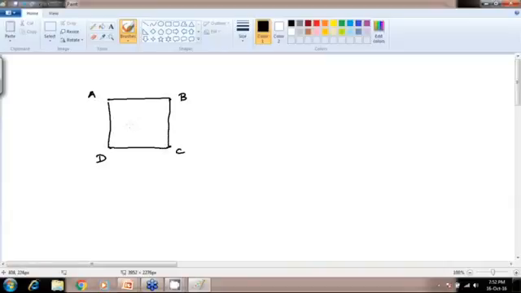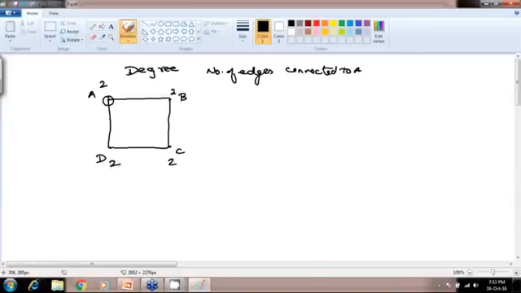So there are four vertices or four nodes A, B, C, D, and the degree of vertex A is the number of edges connected to A. The number of edges connected to A is called the degree of A, or the degree of vertex A or node A. So we can say that there are two edges that are connected to A. So the degree of the vertex A is 2. Similarly, the degree of B is 2, C is 2, and D is 2.